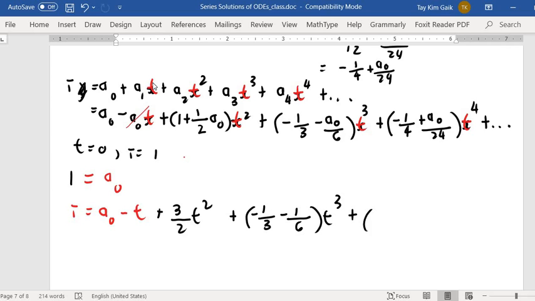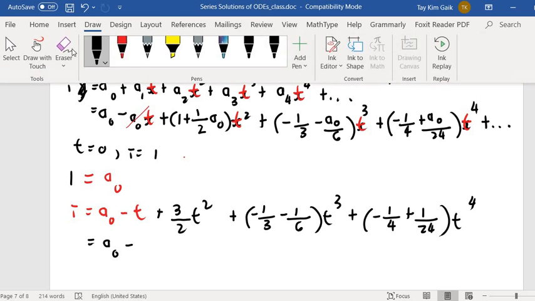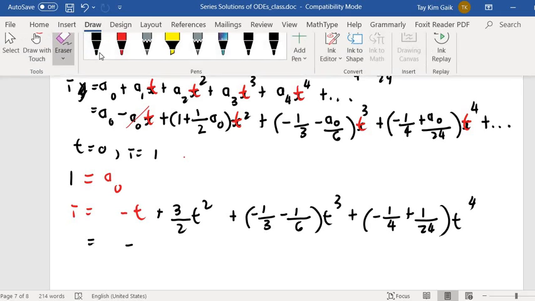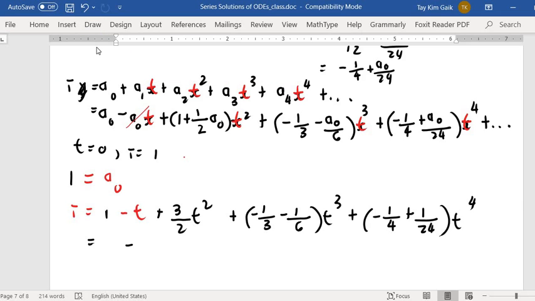So A naught is 1, so negative 1 over 4 plus 1 over 24 t power 4. So A naught is 1. 1 minus t plus 3 over 2 t squared.